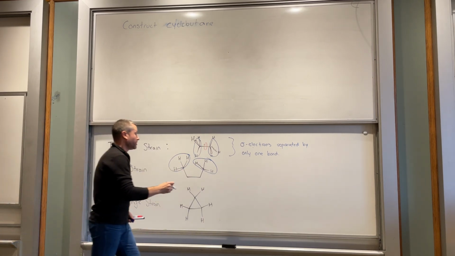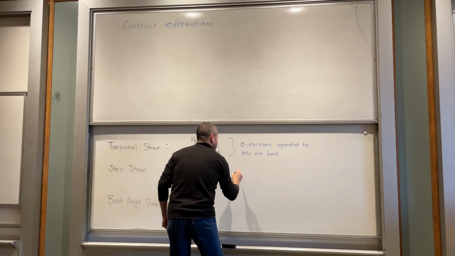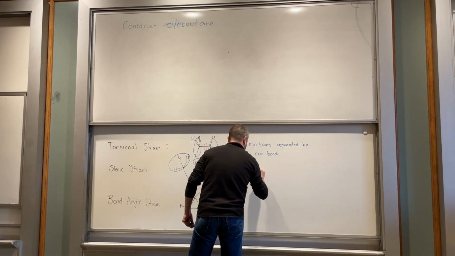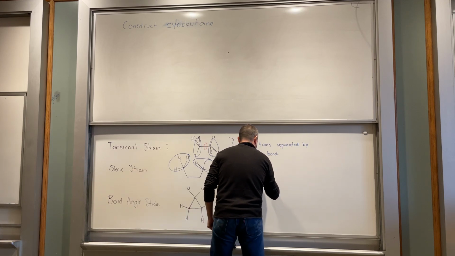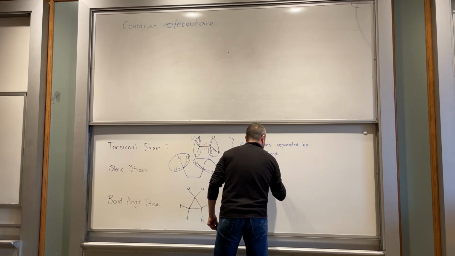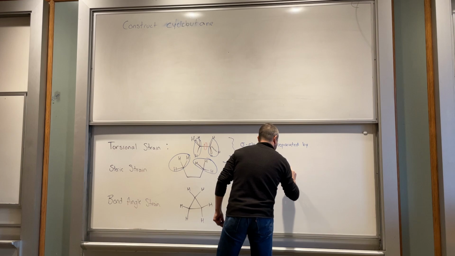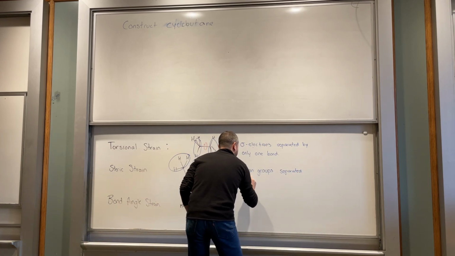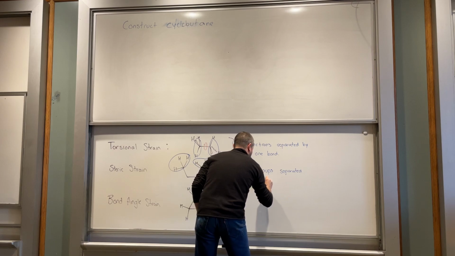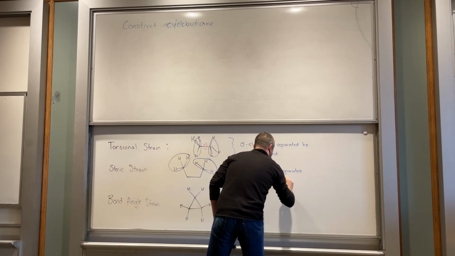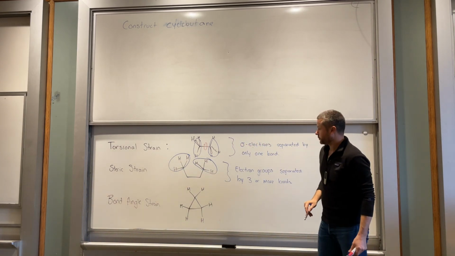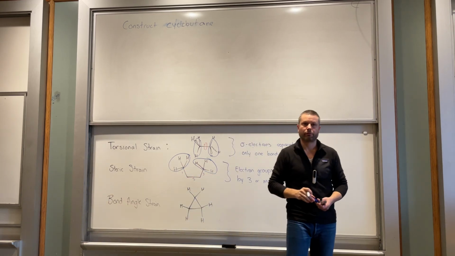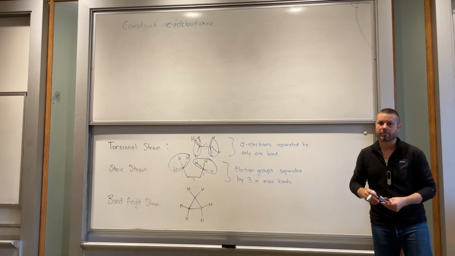And so this is going to be defined by the interaction of electron groups separated by 3 or more bonds. We can count the bonds here: 1, 2, 3. What's on the other side of bond 1 and what's on the other side of bond 3, those are the things that are interacting.